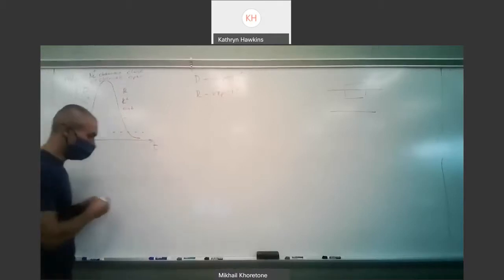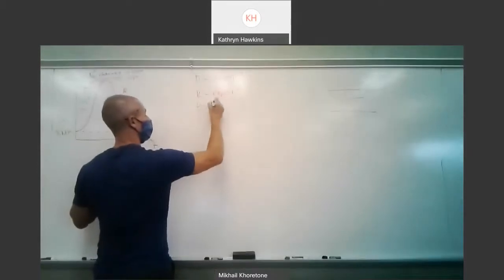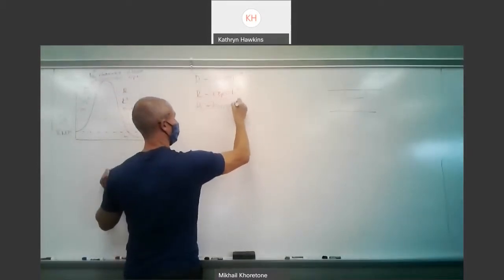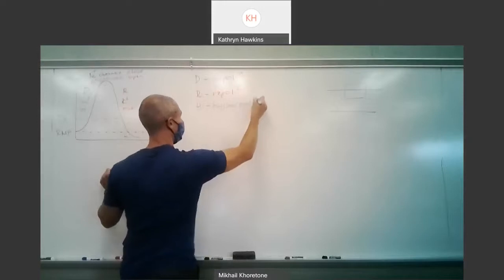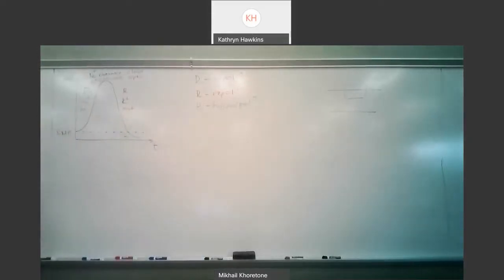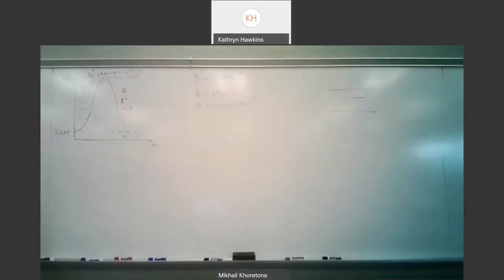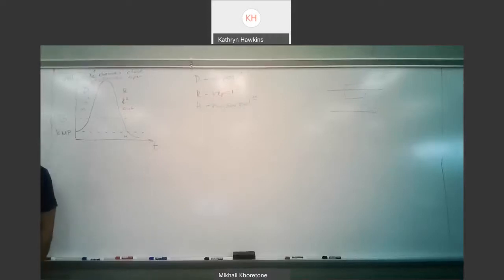This part, actually, let me use a slightly different color. This part right here is called hyperpolarization. And the cell becomes more negative than the resting membrane potential. Does that make sense?